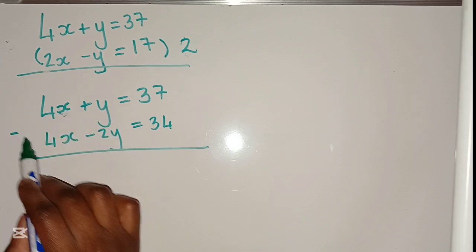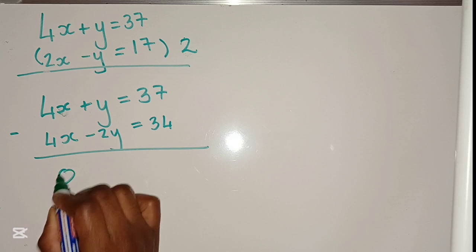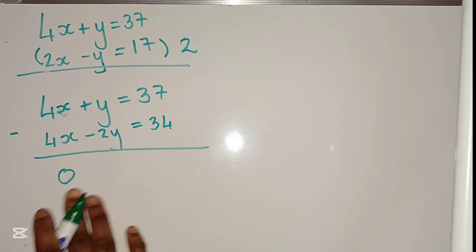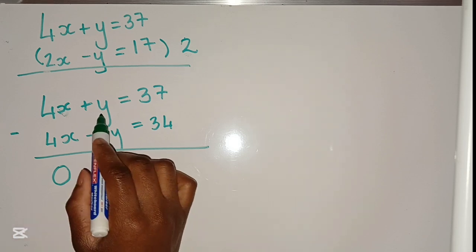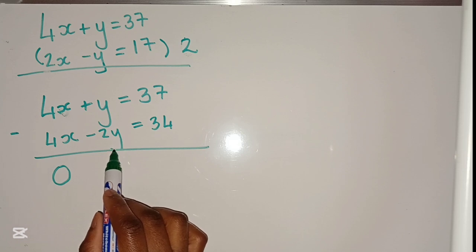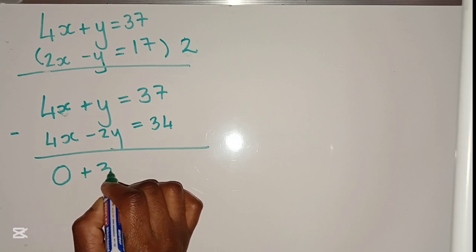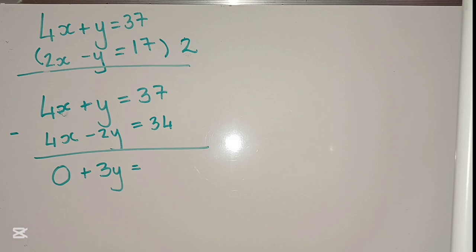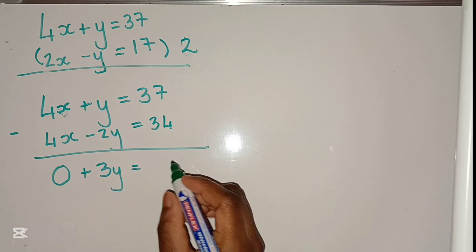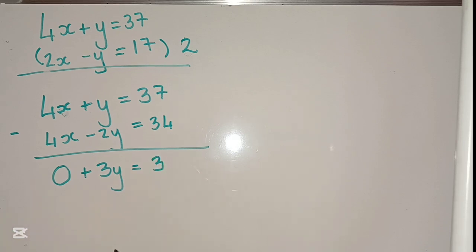So if I decide to subtract these two, the x's will disappear. So 4 minus 4 is 0. We don't have to include the 0, but it's just to show you that the x was eliminated. Positive y minus negative 2 is positive 3y. 37 minus 34 is 3.